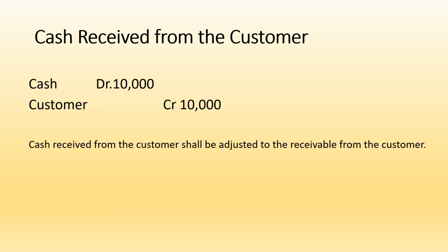When we receive the money from the customer, we are going to debit the cash account by 10,000 and credit the customer by 10,000 monthly. But if we receive the money at the end of the financial period, we are going to debit the cash account by 120,000 and credit the customer by 120,000.